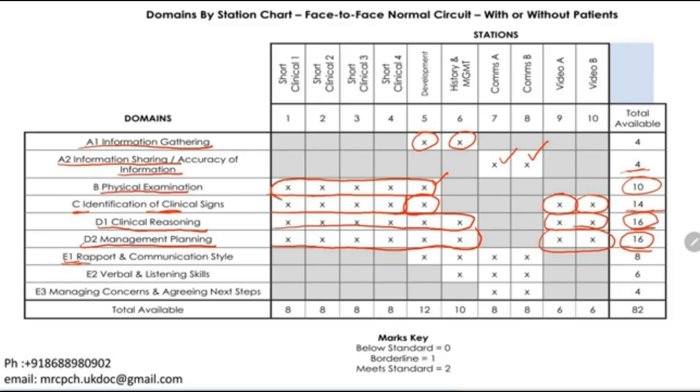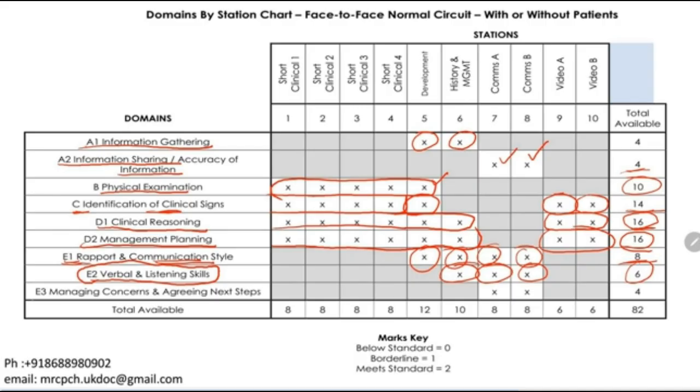And rapport building and your communication style, how you communicate with the patients and the role players, will be tested in the developmental stations, history station, and in the communication skills. It has about 8 marks. And E2, that is your listening skills: you have to be very patient with the role player, and you have to be very empathetic to the patients, and that will be tested in your history and in your communication A and B. It has about 6 marks.